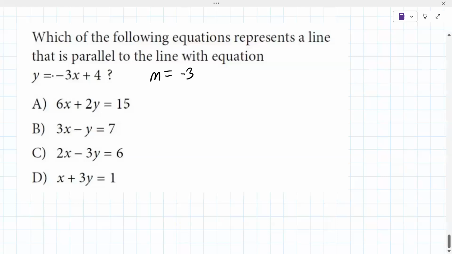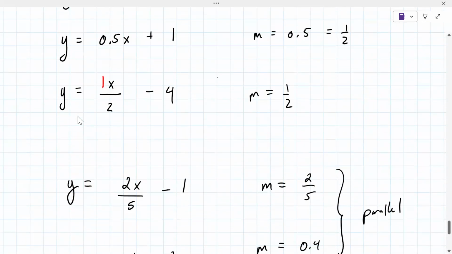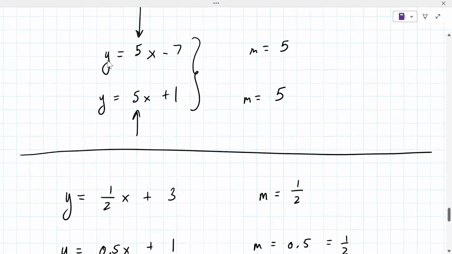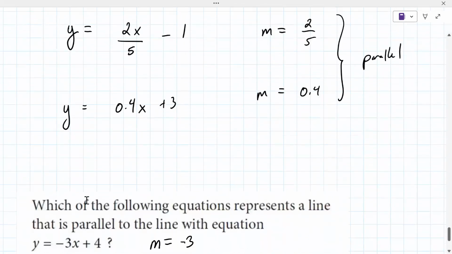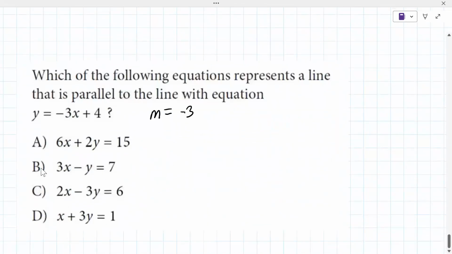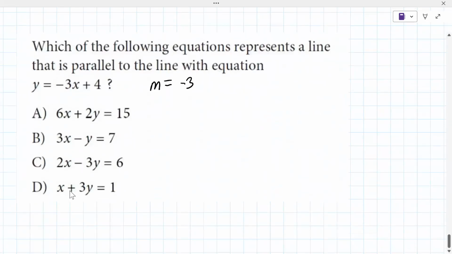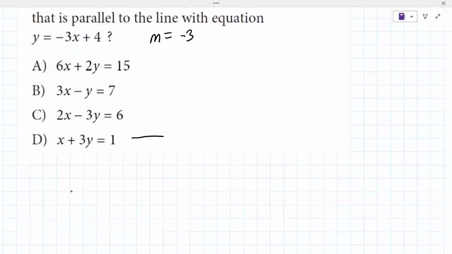-3. Okay, good. Now, none of these other equations are in the right form. If you didn't notice, I'll explain it now. All of these were already solved for y, which meant you could just read off the slope. Here, none of these are solved for y. So I'm going to take the last one and solve it for y. I'm going to subtract x from both sides.